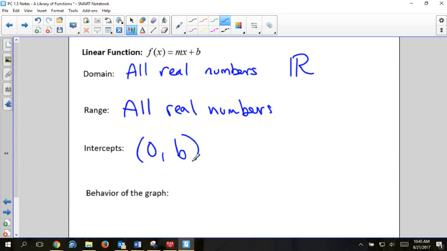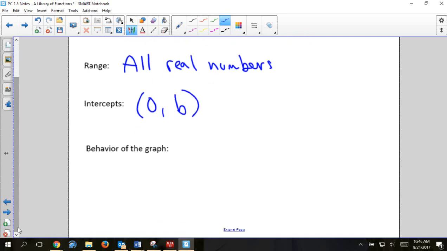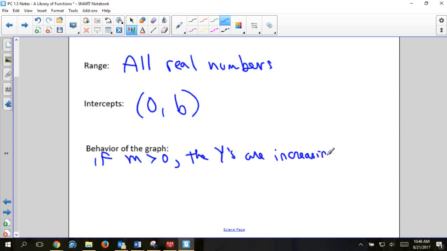So we're gonna have like a couple situations. So if m is greater than 0, the y's are increasing. And then if m is less than 0, the y's are decreasing.